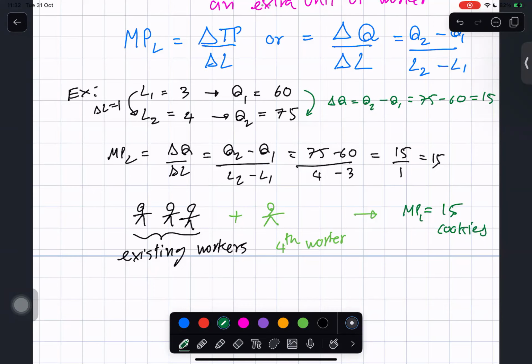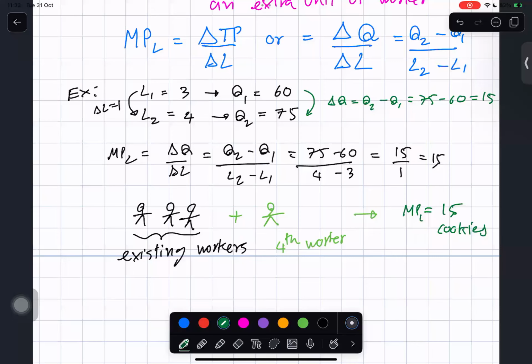Okay. It's a normal good. Here, when we use 3 workers, let's say we got 60 pieces of cookies. And now, if we increase number of workers to 4, we add one more, Mr. 4.